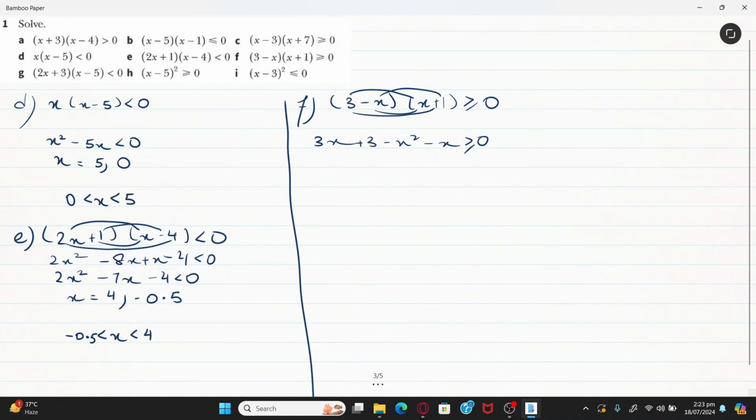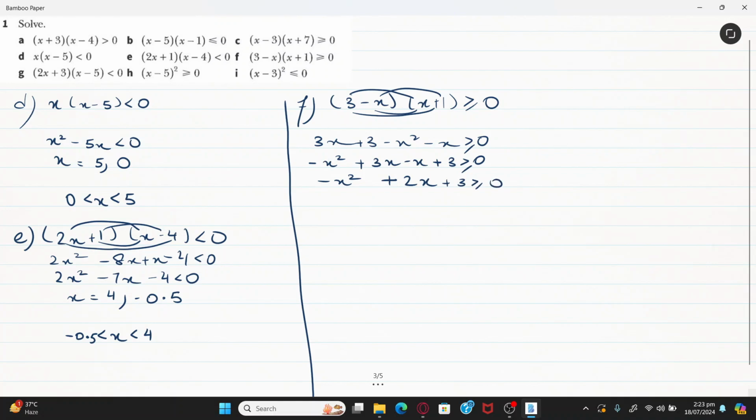Again, I'm going to rearrange this. Negative x squared plus 3x minus x is also going to come here. Plus 3 is greater than or equal to 0, and then we are going to say negative x squared plus 2x plus 3 is greater than or equal to 0.